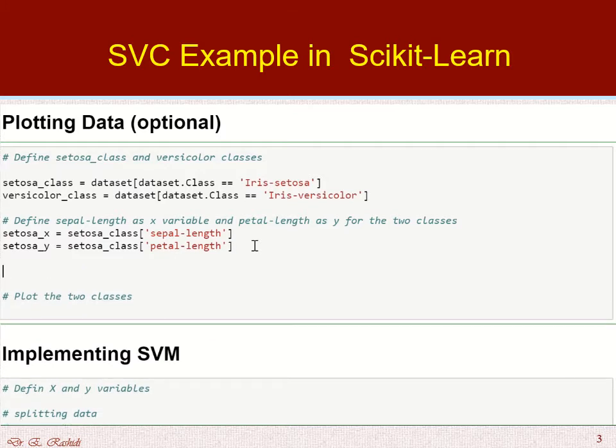So we need to do also the same for the versicolor. We need to define versicolor x and y. Versicolor x, that's the versicolor class, the sepal length. So I'm going to copy this part here.